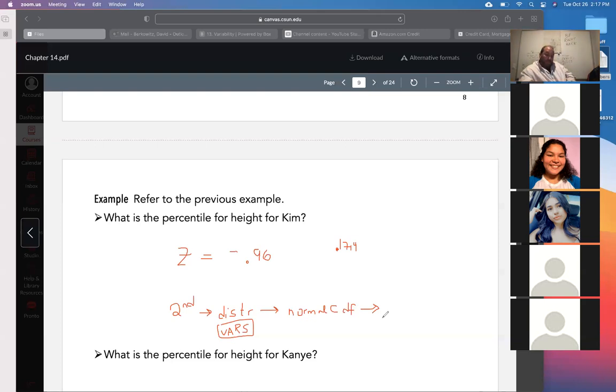Anyone there? Yeah. Okay, so we are looking for the percentile of Kim. Now we know Kim's Z-score is negative 0.96. So we are looking for the proportion that's over here. So what do you think we're gonna take as our lower and our upper?